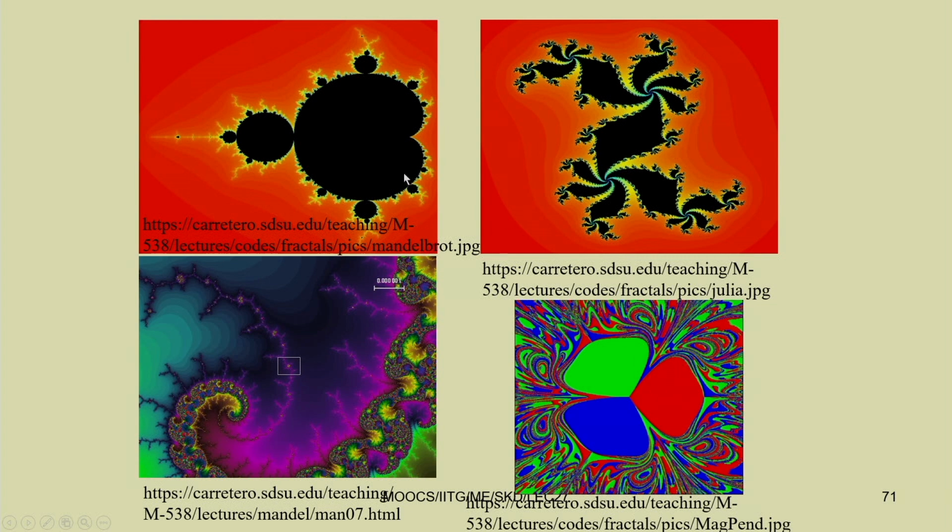For example, this is the Mandelbrot fractal, then this is the Julia set, and you can find this fractal picture for many other different types of fractals or fractal sets. These are self-similar sets which combine to form the chaotic response.